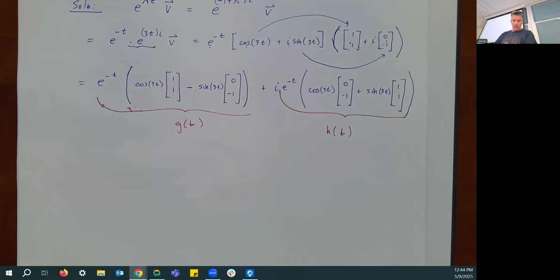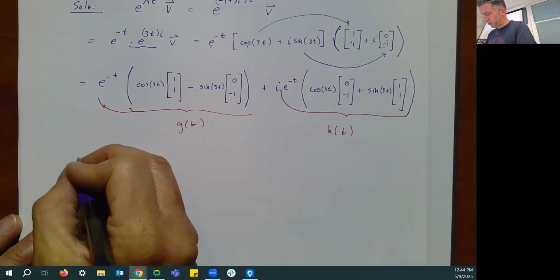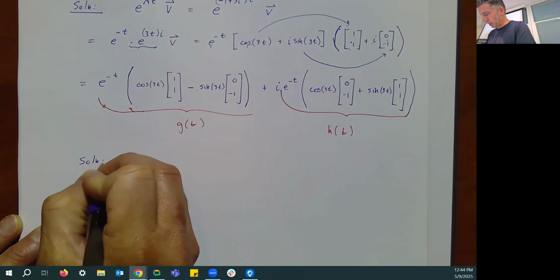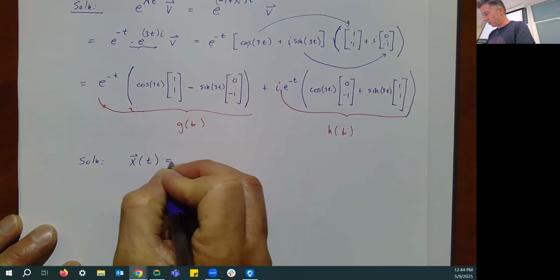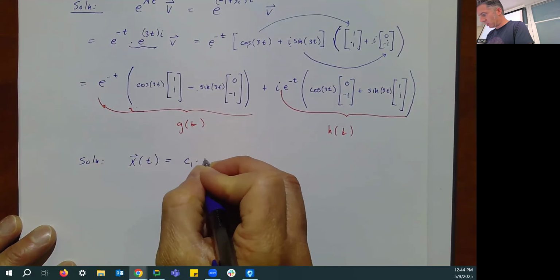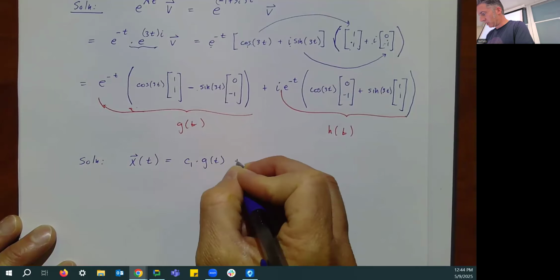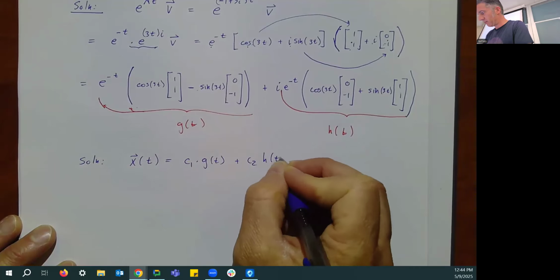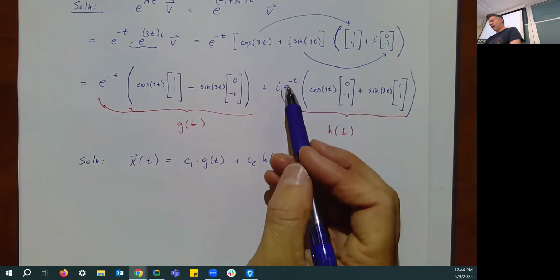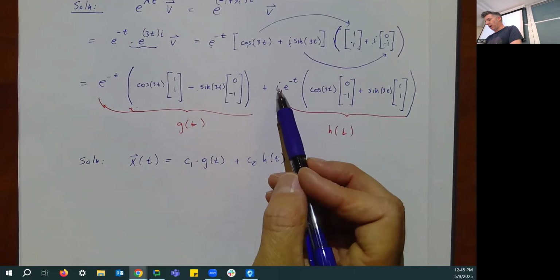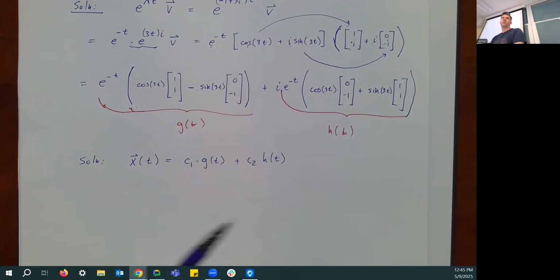And then we're going to say that our solution is x of t equal to C1 times g of t plus C2 times h of t. And we don't split the i here because it's essentially sucked up in this constant here.